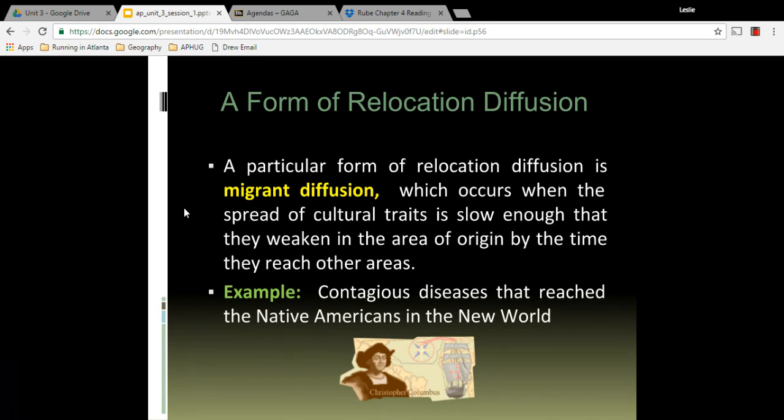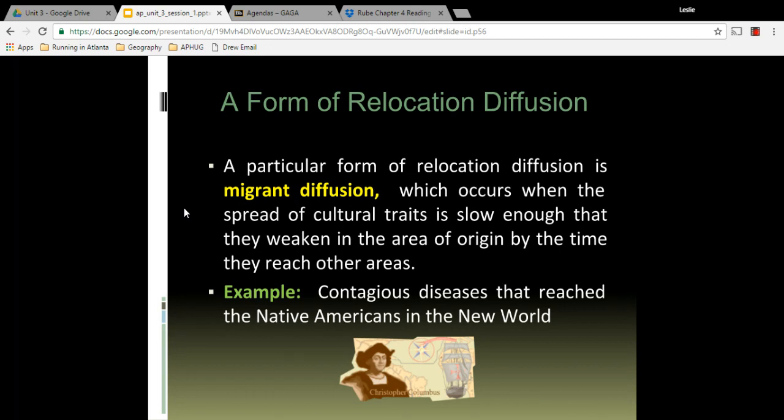All right, a form of relocation diffusion is migrant diffusion, which occurs when the spread of cultural traits is slow enough that they weaken in the area of origin by the time they reach other areas. So, for example, contagious diseases that reach the Native Americans in the New World. An example of this would be smallpox. When the conquistadors and the Spaniards first arrive in the New World, they bring with them lots of germs, and some of these germs included smallpox.